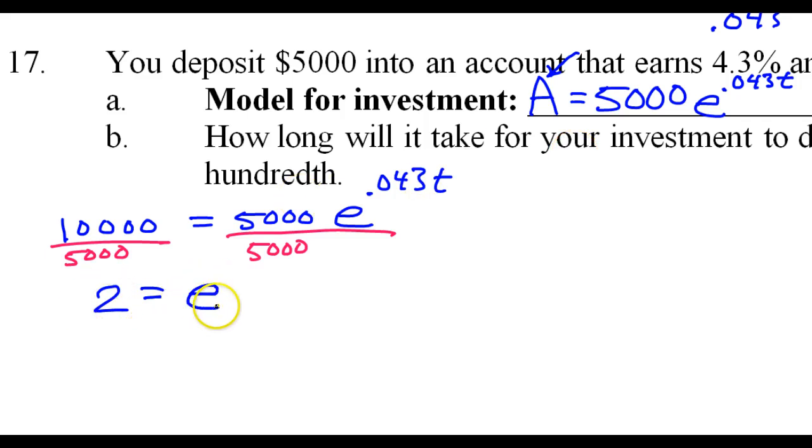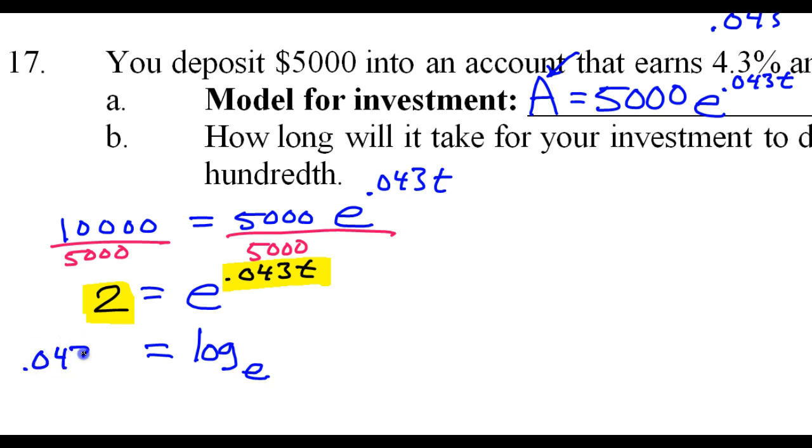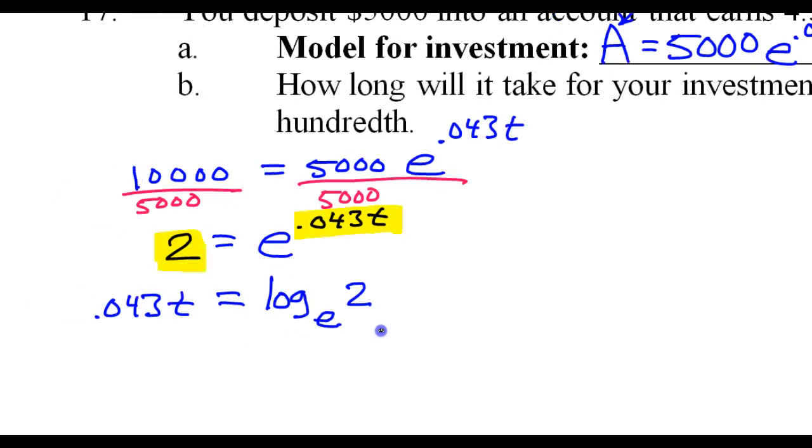So 2 equals e to the 0.043t power. Next we want to rewrite this in log form. Normally we would write log and then the base, and these two parts change sides of the equation, so I'd have my 0.043t over here and the 2 over here.